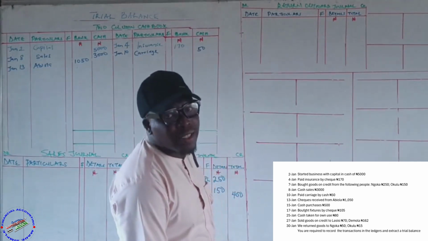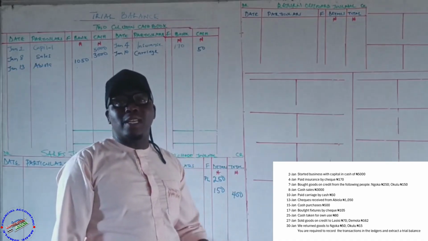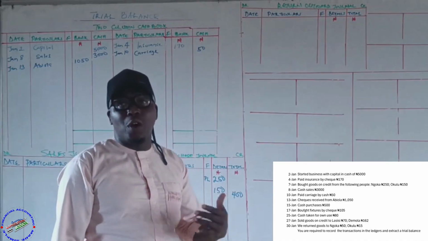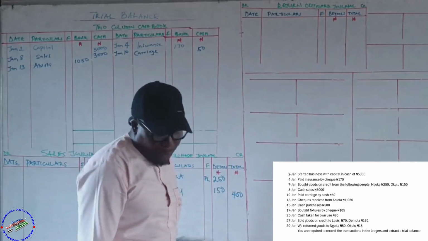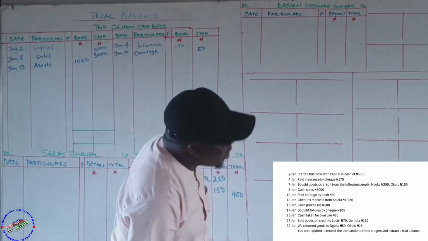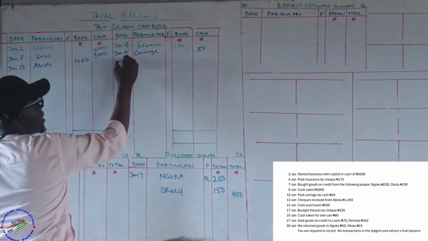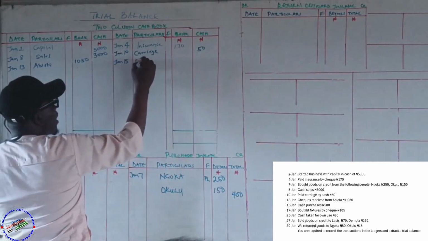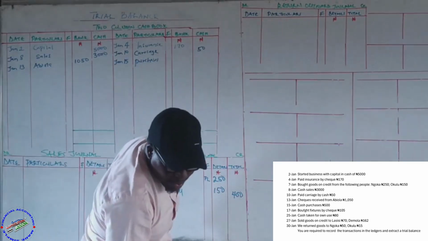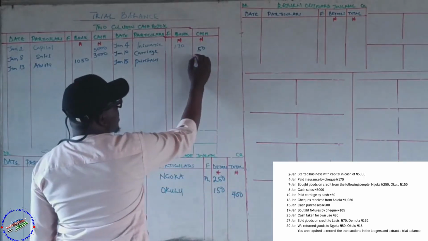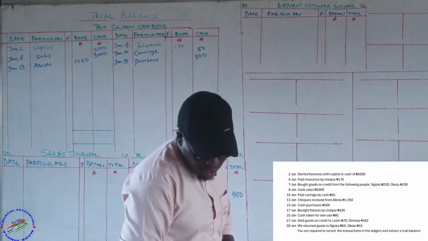Cash purchases. Cash purchases is the same thing as purchase goods for cash or bought goods for cash. So if you are making cash purchases, you are making payment. So for January 15, we have purchases under cash, and that is how much? 500 naira.